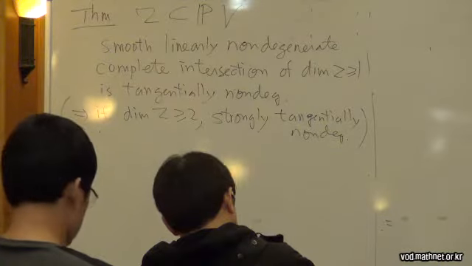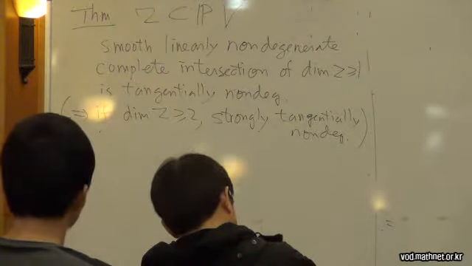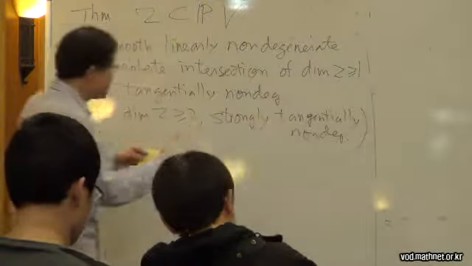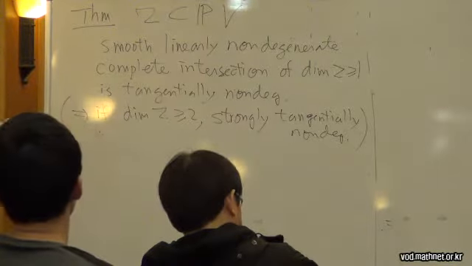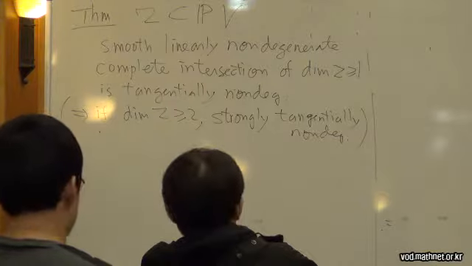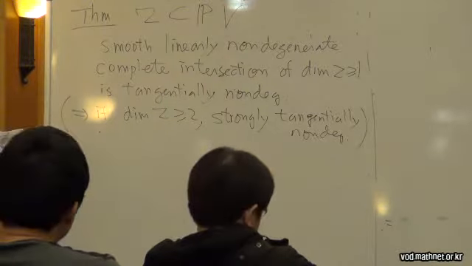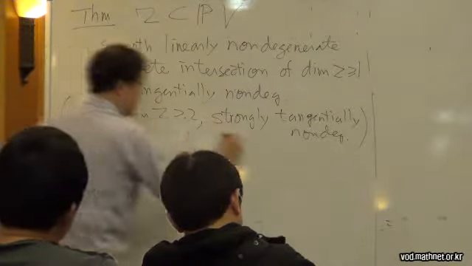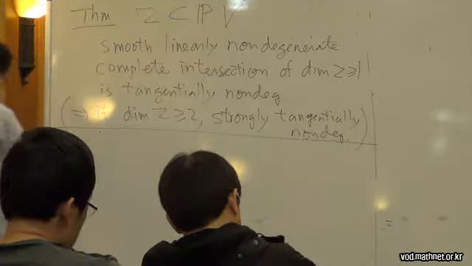So the argument I give should be translatable into some cohomological language. But let me give a very geometric way of doing it. So I will define the following. The definition.